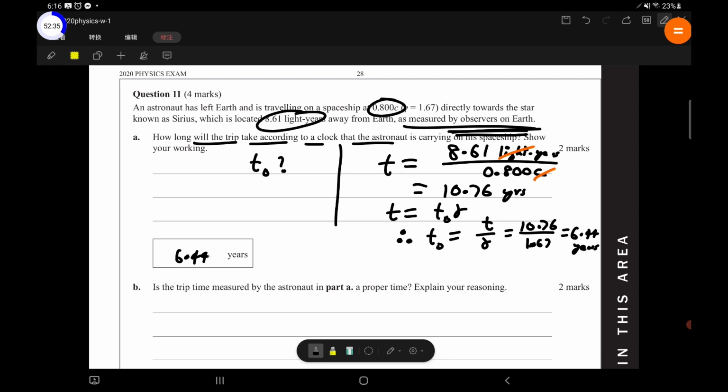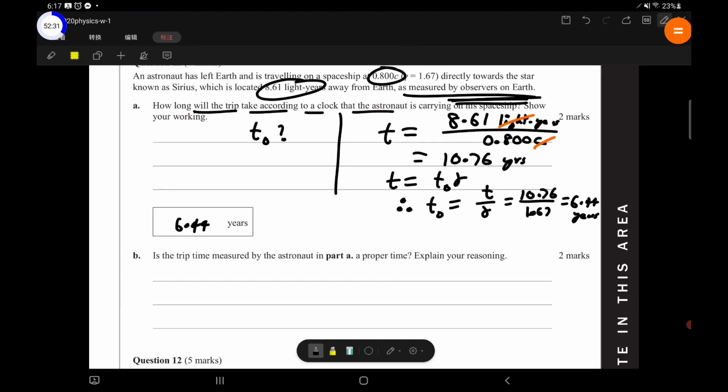Right, so I've already done that on my calculator. Part B. Is the trip time measured by the astronaut in part A proper time or dilated time? All right, and it is, of course, proper time. We can explain that as so.